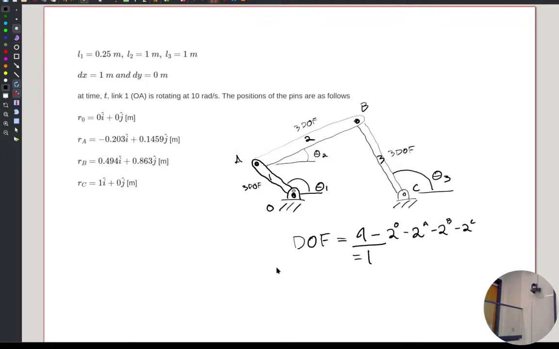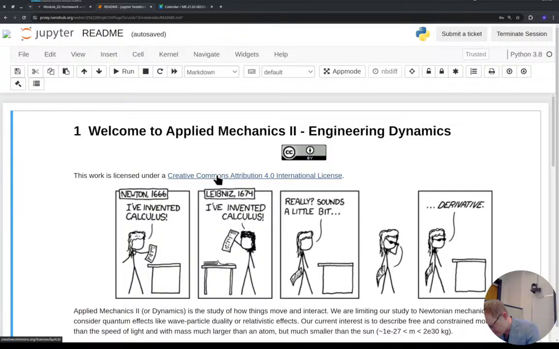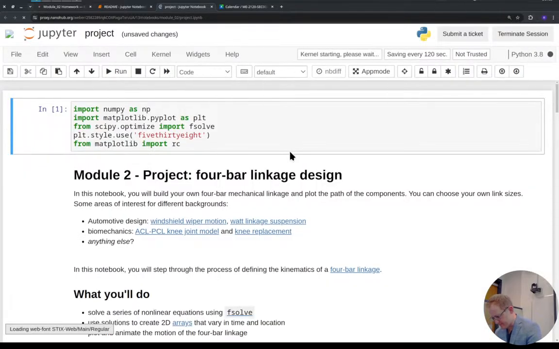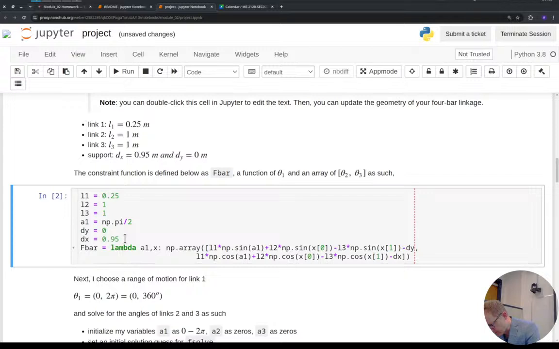And then B is where A is at. So usually a quarter, 1.